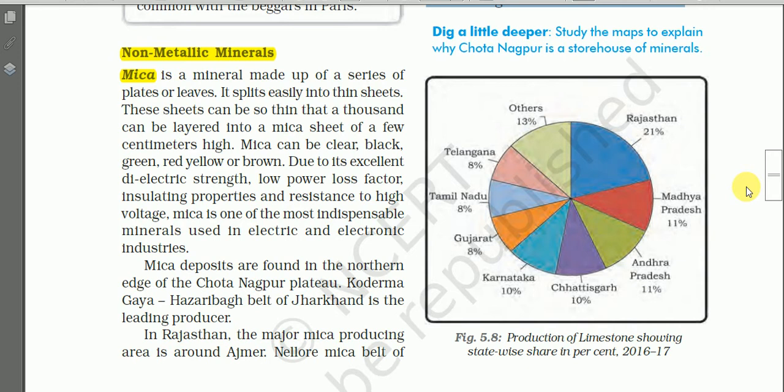So this pie diagram shows the production of limestone, and examine this diagram very carefully. So here Rajasthan, with a percentage of 21, is the largest producer of limestone in the year 2016-17.